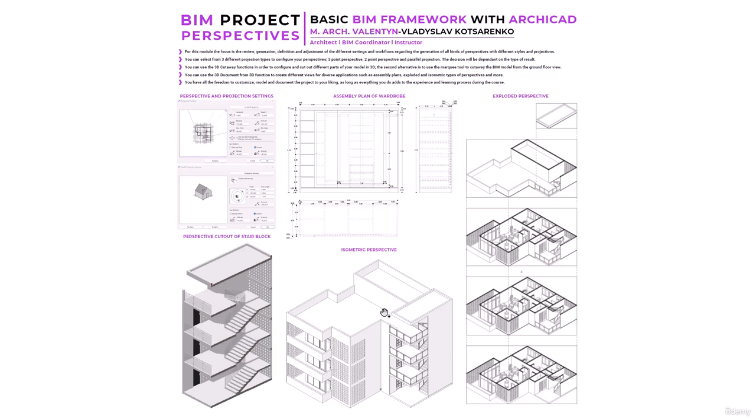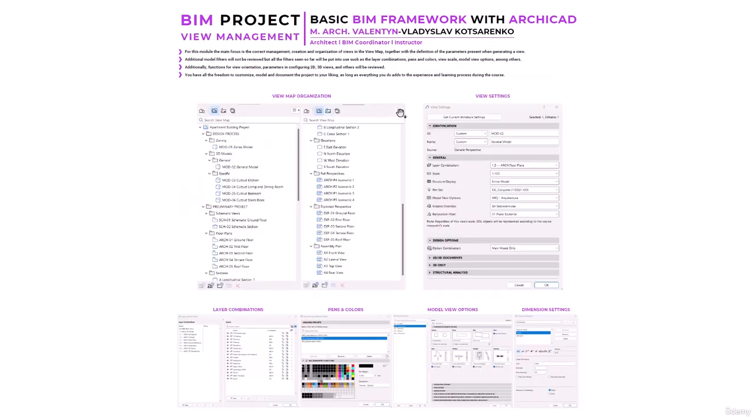So you create a 3D document or a perspective, how you can use these functions to create assembly plans of wardrobes or furniture, and also comment a little bit of technique of how you can apply these concepts to generate exploded perspectives.